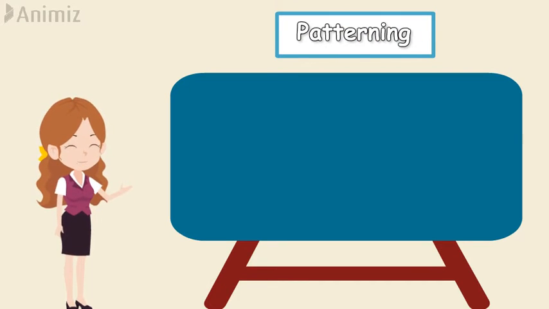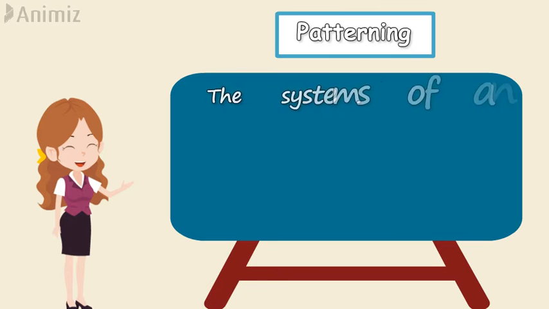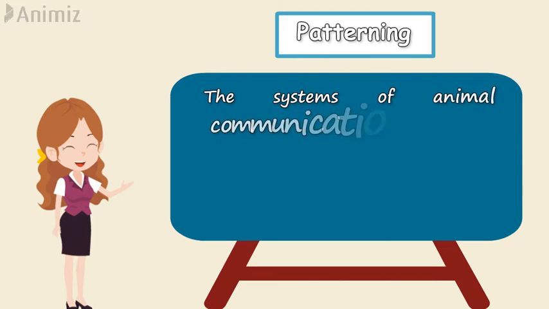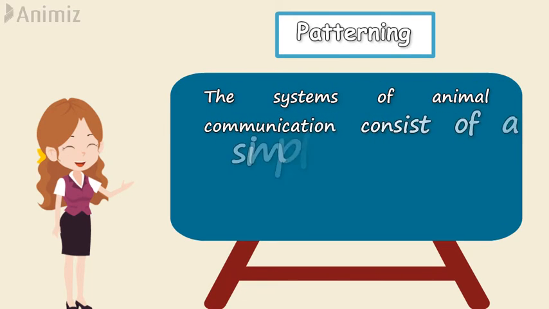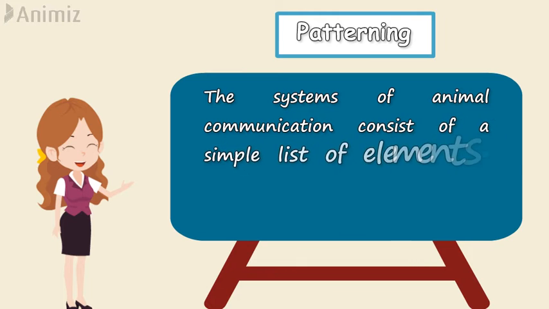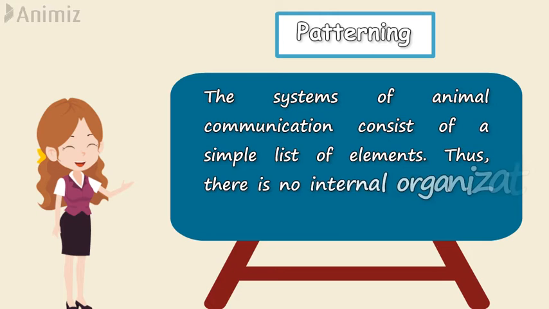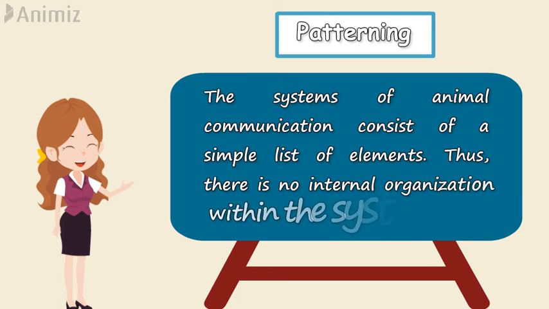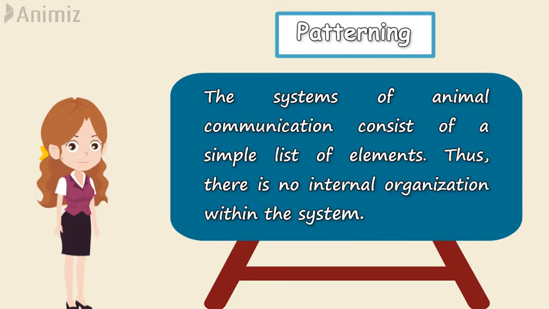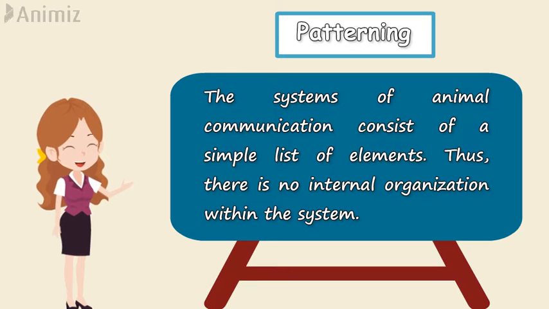Another feature is patterning. The systems of animal communication consist of a simple list of elements.